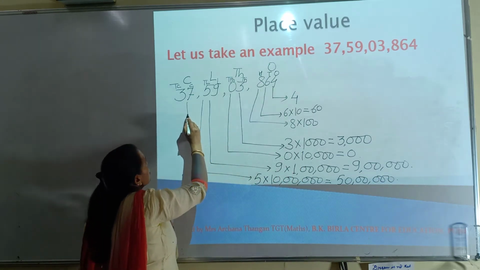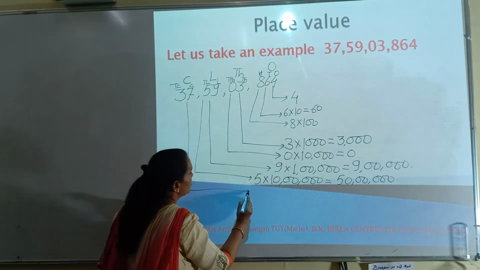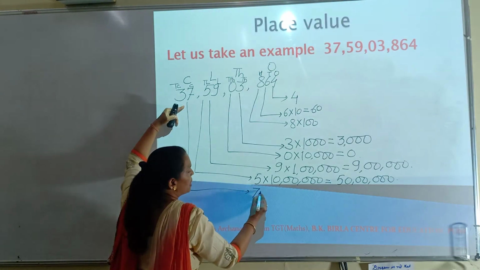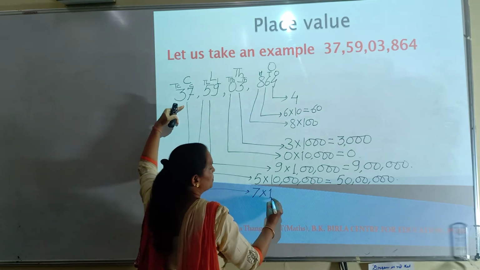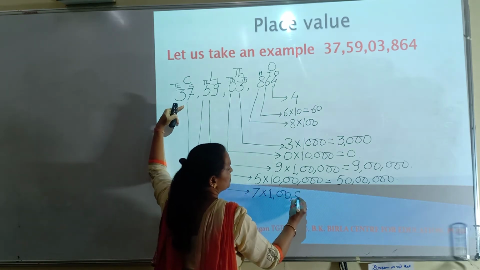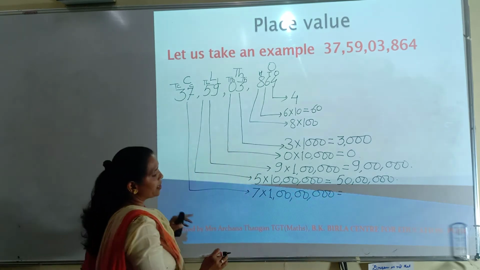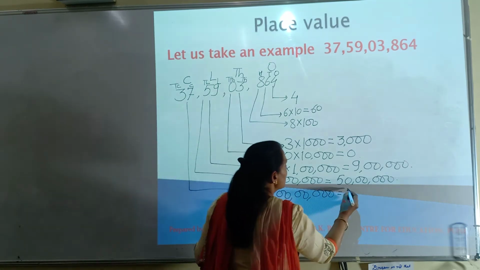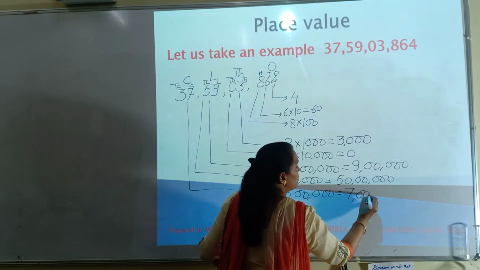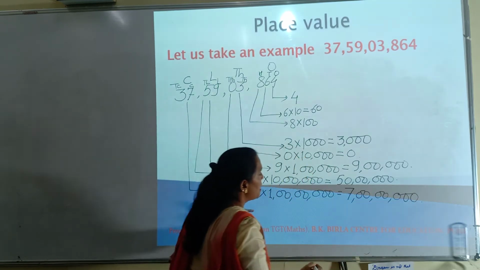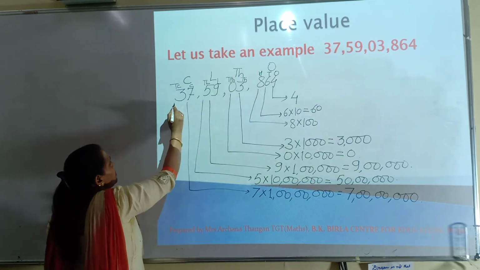Next number, 7, is on crore place. So, 7 multiplied by crore. When you put a comma, it is easy to write. So, it is 7 crore. And last we have the digit 3.